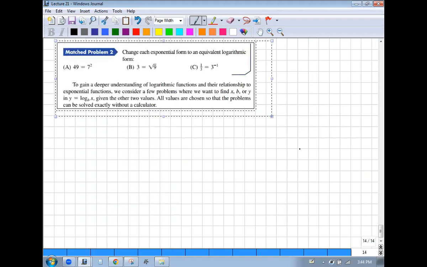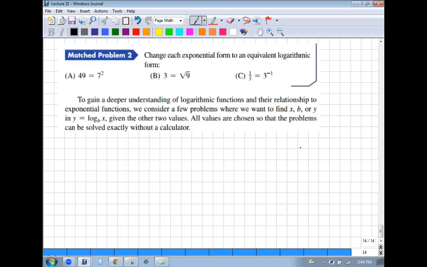Change each exponential form to an equivalent logarithmic form. So A, since 7 is the base, I'm going to start off with log base 7. And then I'm going to put a 49 equals 2, because 7 squared is equal to 49. Here, my base is 9, so I'm going to write down log base 9.